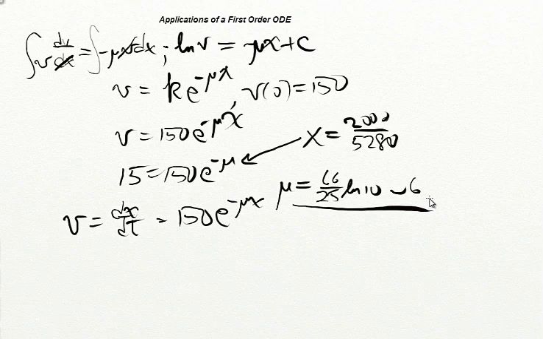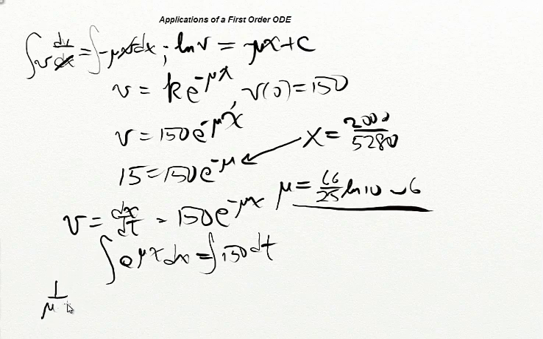Another first order equation that we can separate and integrate, and so we can rewrite this as e to the mu x dx equals 150 dt, and integrate both sides. On the left hand side we get 1 over mu e to the mu x, and the right side we get 150 t plus c.